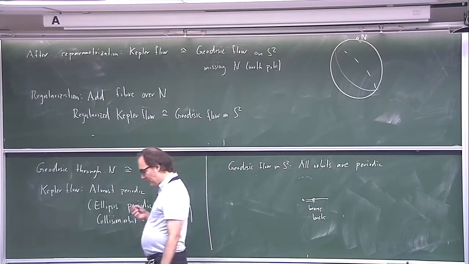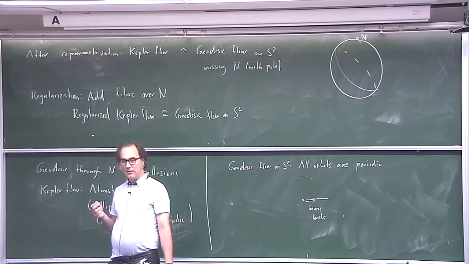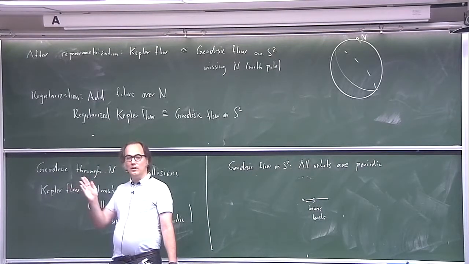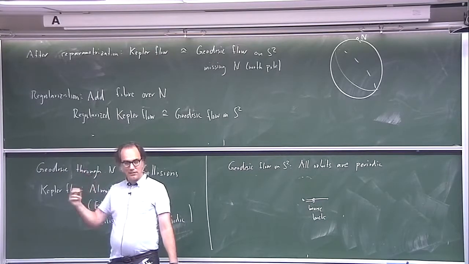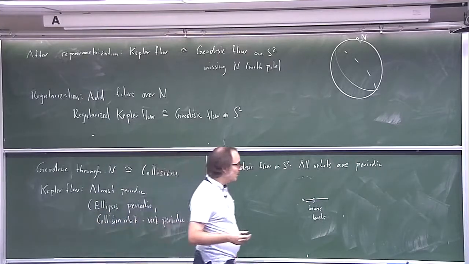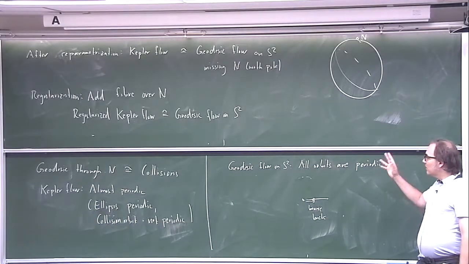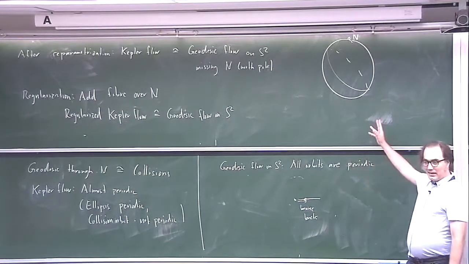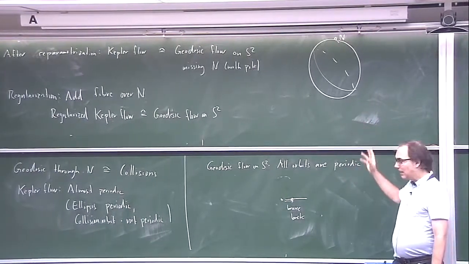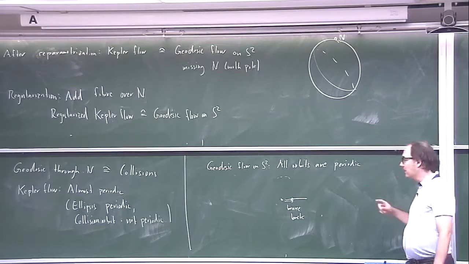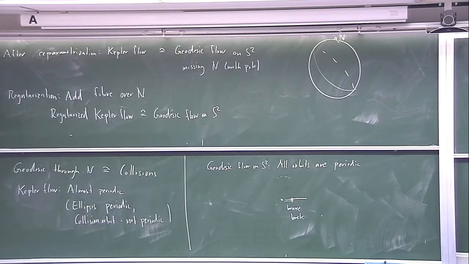If you think of the flow as a foliation, forgetting the parameterization, we don't need to care about time, and we just extend the foliation somehow. Let me explain this in a different language.